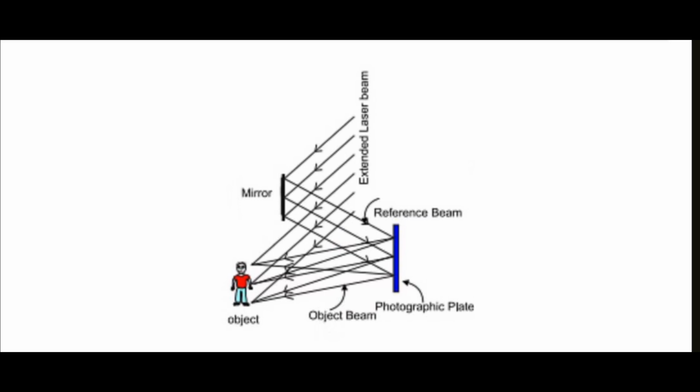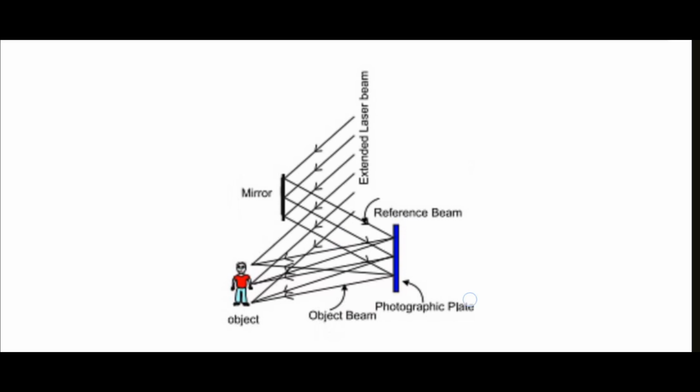The light reflected from the mirror will be in the form of a plane wavefront, that is the reference beam. And now the part of light reflected from the object: every point on the object scatters the incident light all around. Due to such scattering, a spherical wavefront proceeds from each point on the object.